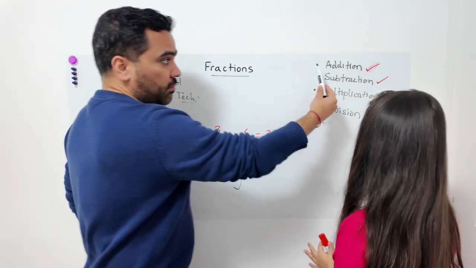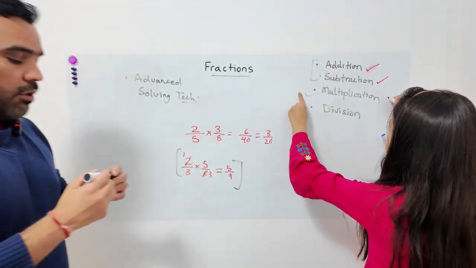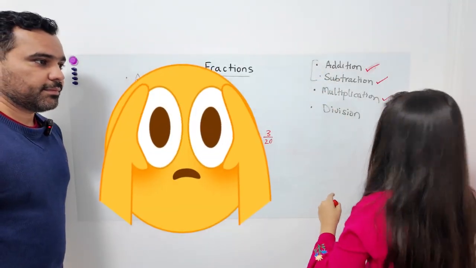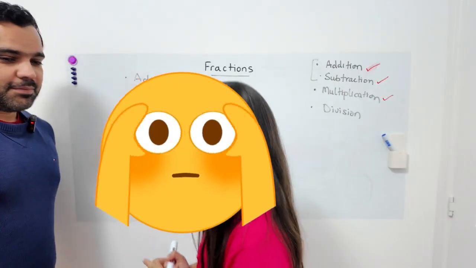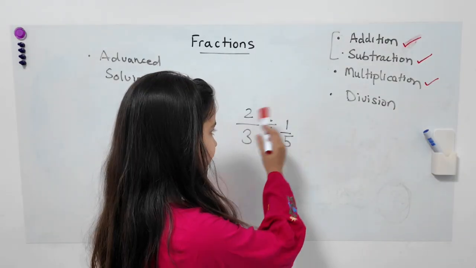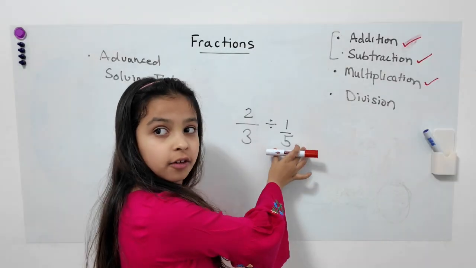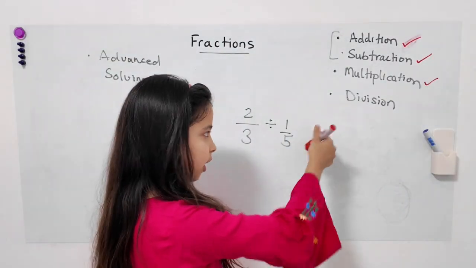So we have done addition, we have done subtractions. They kind of go in pair. We've done multiplications. What about division? Wait 1 second. So to do division of fractions, you have to take the second fraction and switch it around.